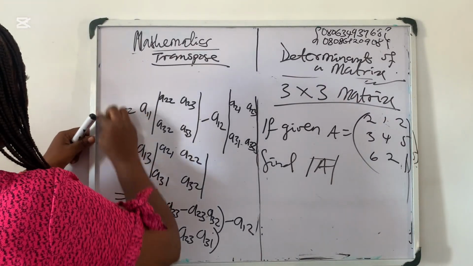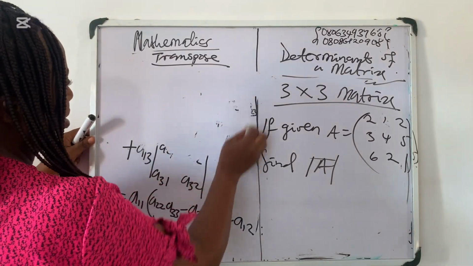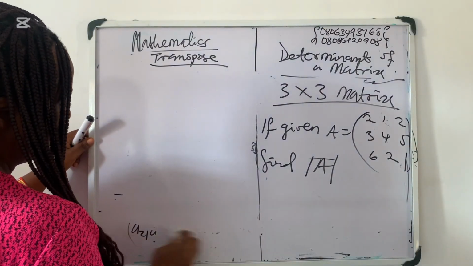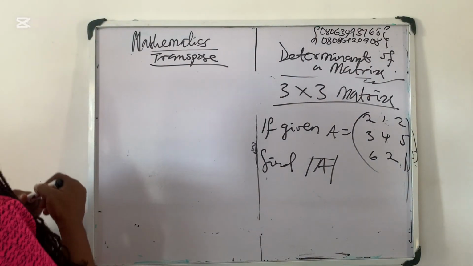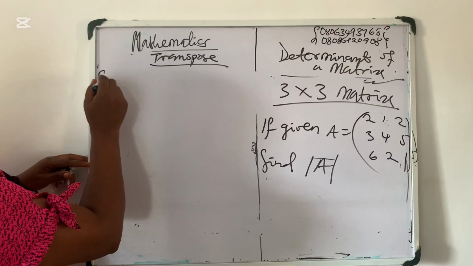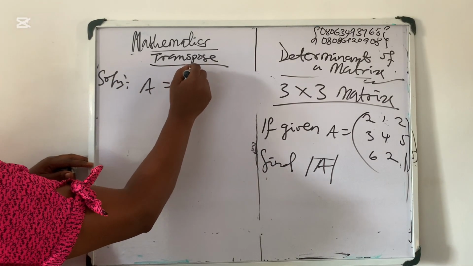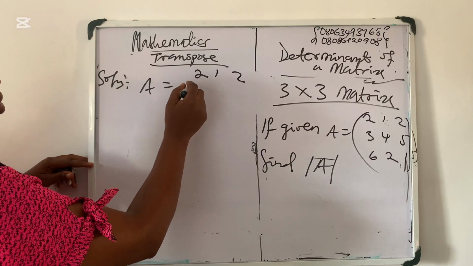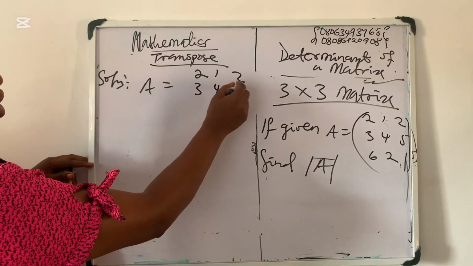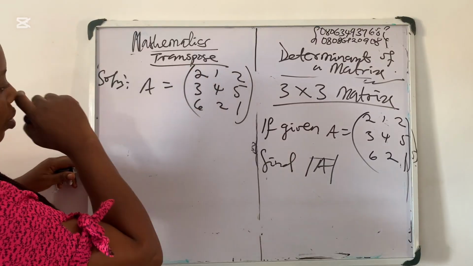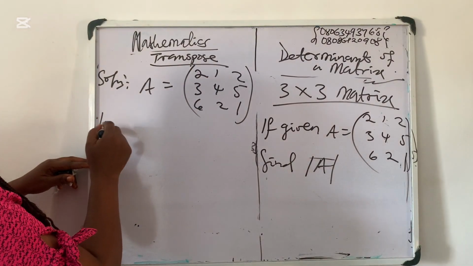Let's do it. It is very simple and interesting to do. Now, for a determinant solution, you have A equal to 2, 1, 2, 3, 4, 5, 6, 2, and 1. Want to find a determinant.